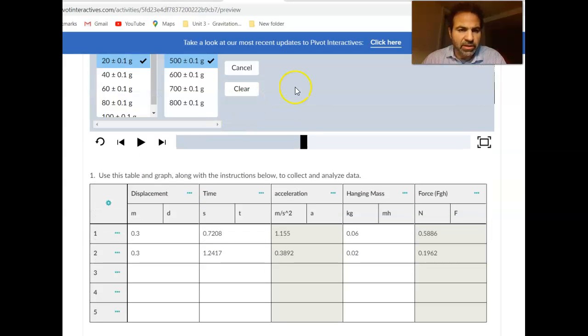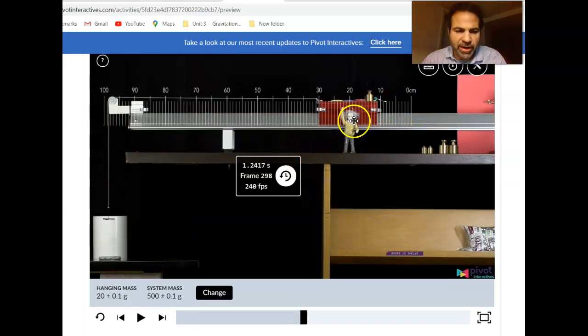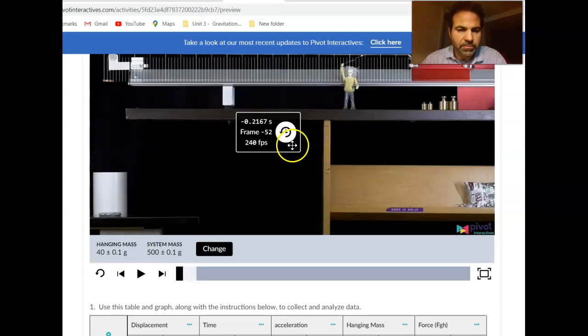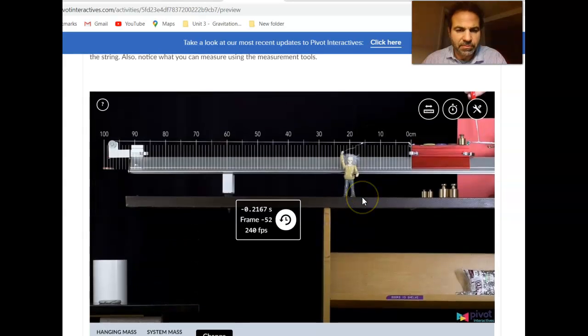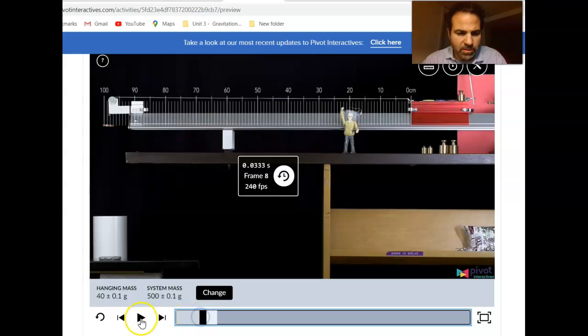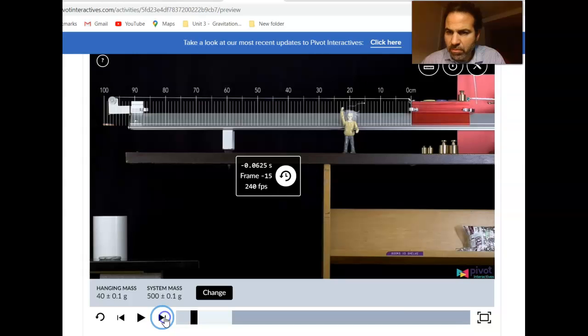All right, let's change it again. Just to be clear, the mass on the track was 480 grams, right? Because 480 plus 20 is 500. Okay. Now the hanging mass is 40 grams. Mass on the track is 460. All right, string is cut. Reset the timer. Press play.